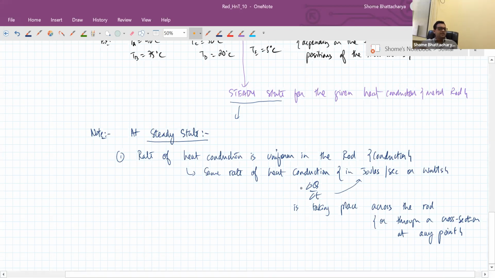And that rate of heat conduction is generally what we write as delta Q by delta T, the amount of heat flowing per second. You can also understand it as dQ by dt, but generally in this type of thermodynamics, we use the term delta Q by delta T instead of instantaneous dQ by dt. So basically they mean the same thing because it's become uniform.